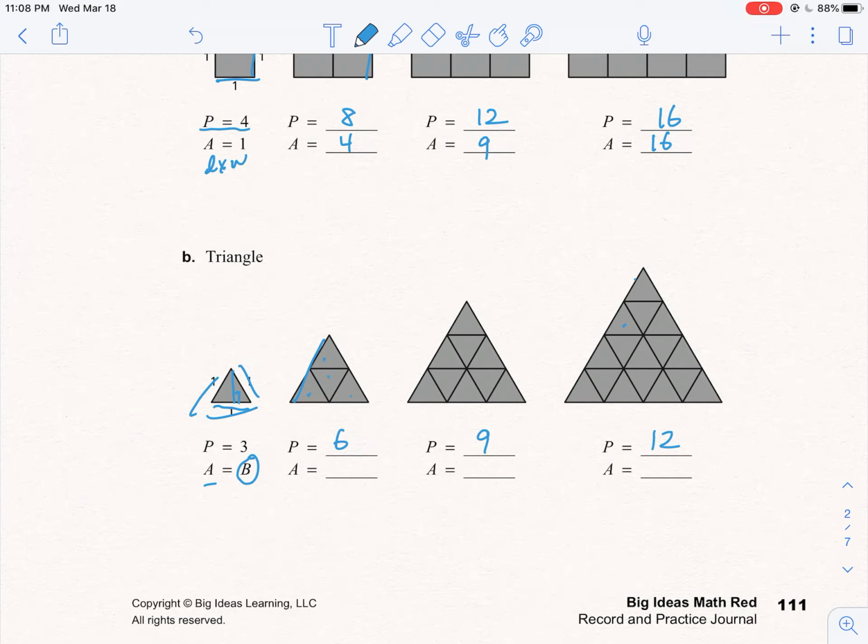Area though, all you have to do is actually just count how many triangles you have inside of the big triangle. So 1, 2, 3, 4, and make sure you put B because it's 4 times the area B of a little triangle. And then this one you count 1, 2, 3, 4, 5, 6, 7, 8, 9. And then if you count that, you have 9, 10, 11, 12, 13, 14, 15, 16.